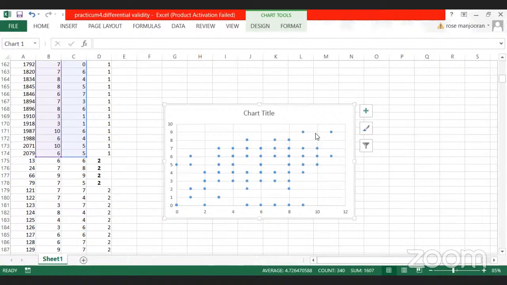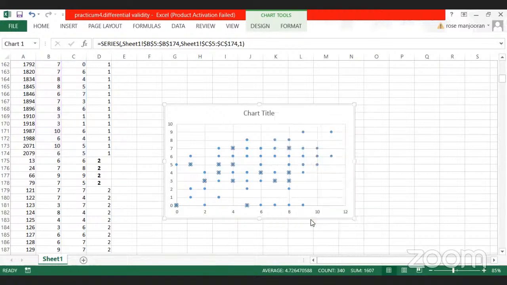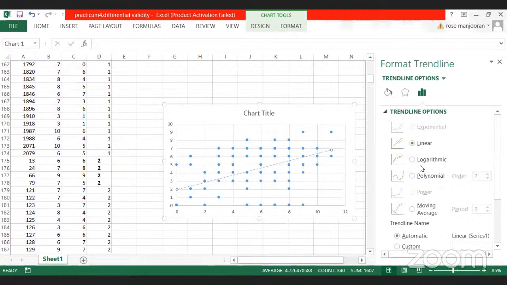When you make the scatter plot, you click on the point, then right click and add trend line. When you click on it, you will get many options. Choose linear. You will get a line like this.